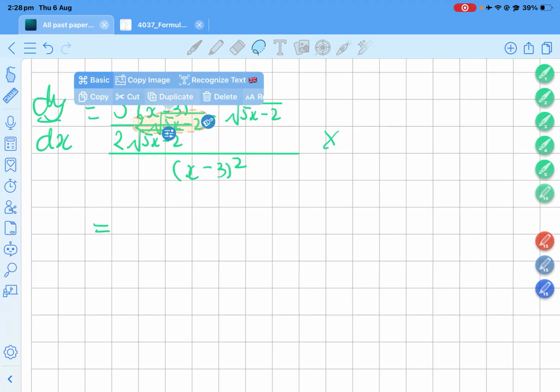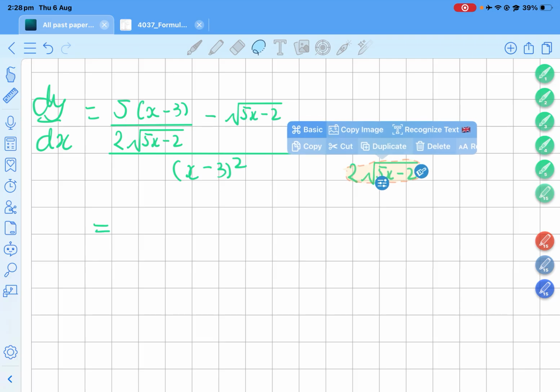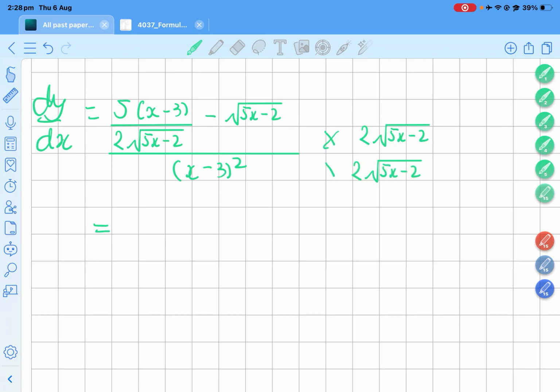So this becomes 5x minus 15, and then minus 2 into 5x minus 2, over 2 times x minus 3 squared times root 5x minus 2.